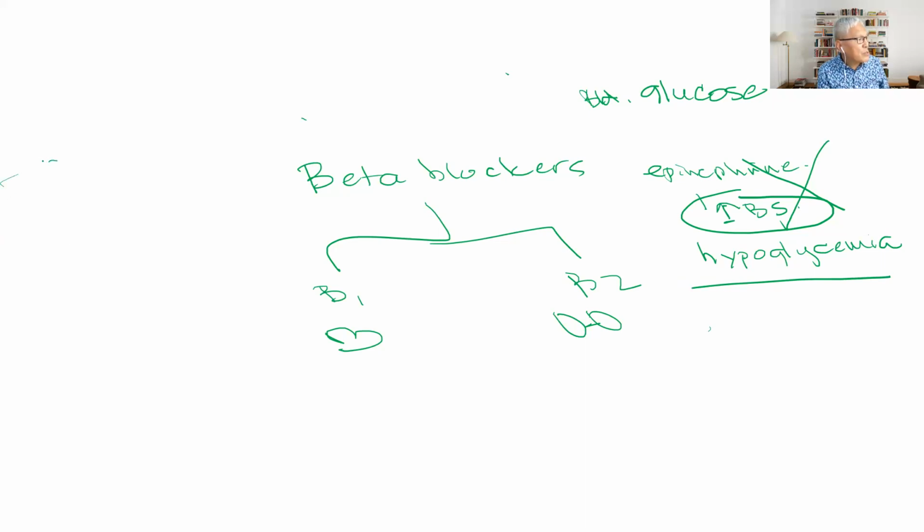What are the symptoms of hypoglycemia? Well, tachycardia, for example. Because beta blockers cause bradycardia, this will not happen. Sweating. The patient will not be sweating because beta blockers also decrease sweating. And the tremors, which are associated with the first symptoms of hypoglycemia, are also going to be blocked by beta blockers.